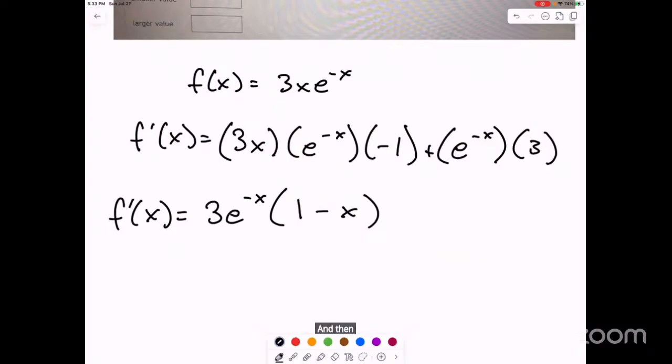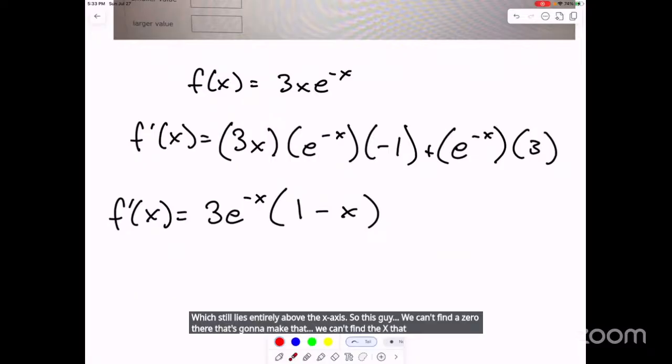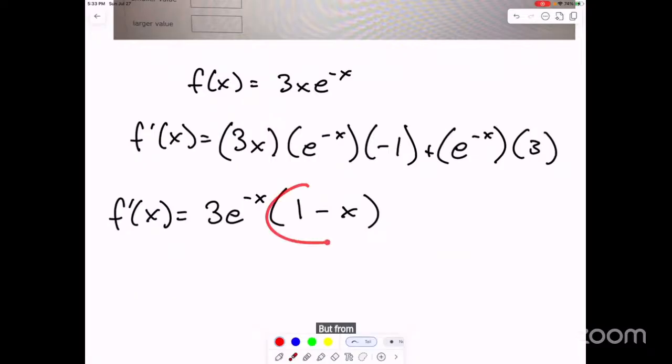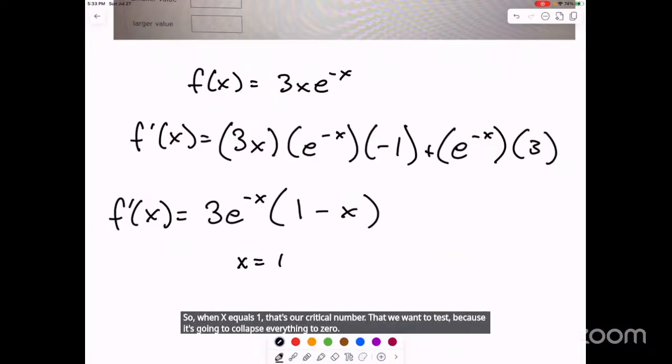When we replace x with negative x, that flips the graph horizontally, so we have exponential decay, which still lies entirely above the x-axis. So we can't find an x that makes that 0. But from the second factor, when x equals 1, that's our critical number to test, because it collapses everything to 0.